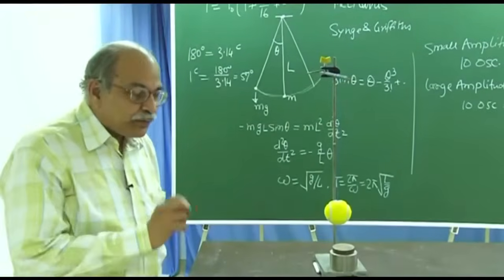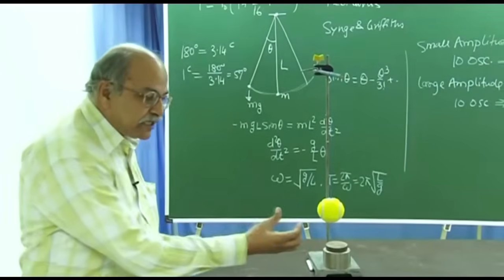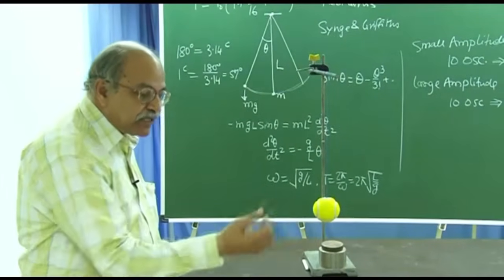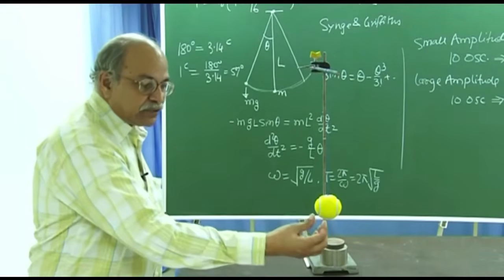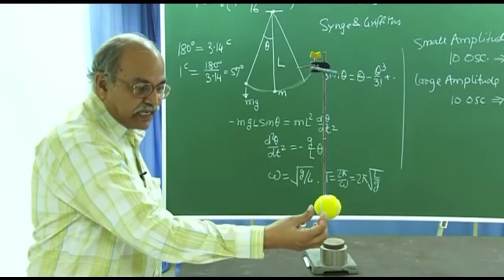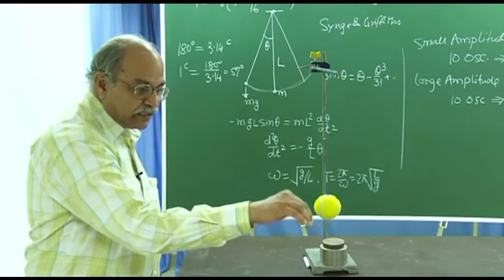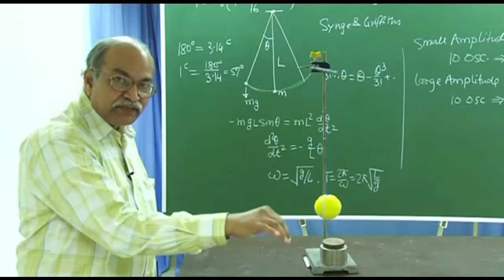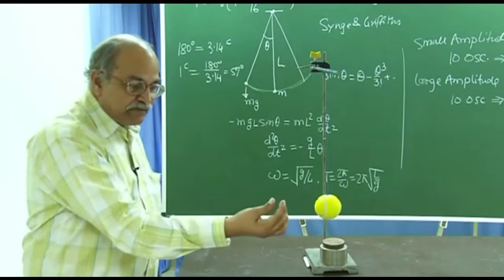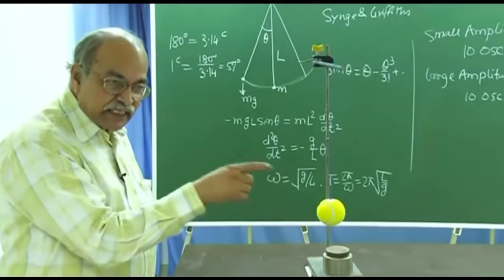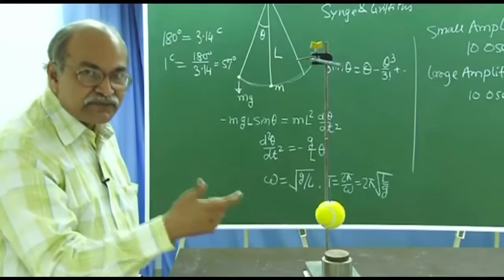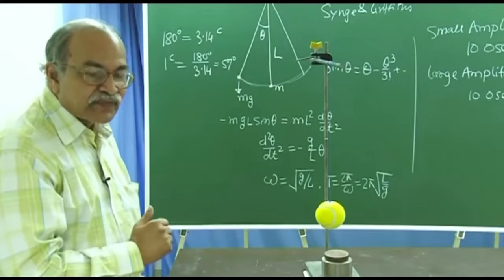I told you that if I start the pendulum with the initial condition theta equal to some theta naught and v equal to 0, it goes in its original plane, and if I give a transverse velocity, then it goes in some kind of an ellipse which also advances, which also rotates.